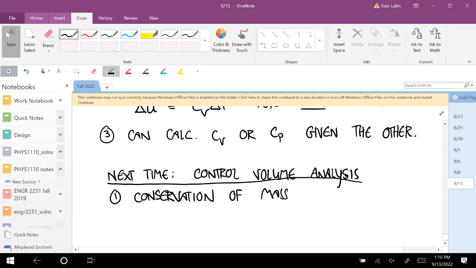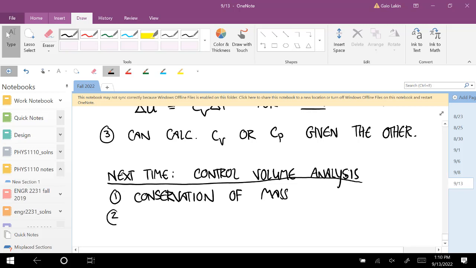But we're going to see some cases where it'll be useful to do a formal analysis of how much mass is coming in, how much is going out, and what that means for the change of mass inside the control volume.